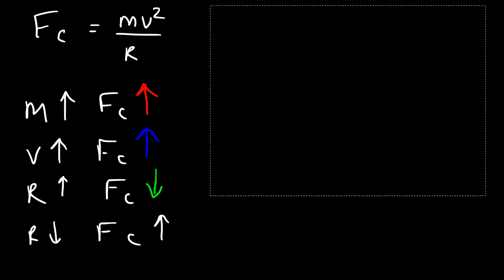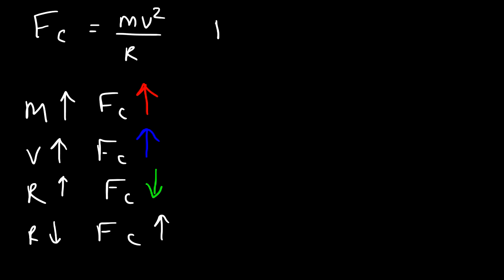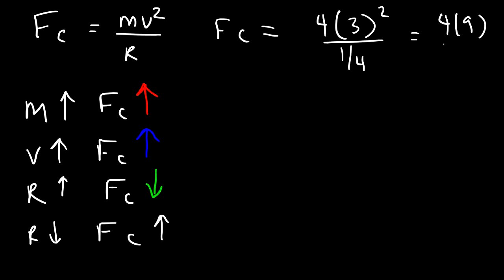Now, let me give you another example. Let's say you quadruple the mass, triple the speed, and reduce the radius to 1/4 of its value. Go ahead and find the effect that it will have on the centripetal force. So it's 4 times 3 squared. 3 squared is 9.